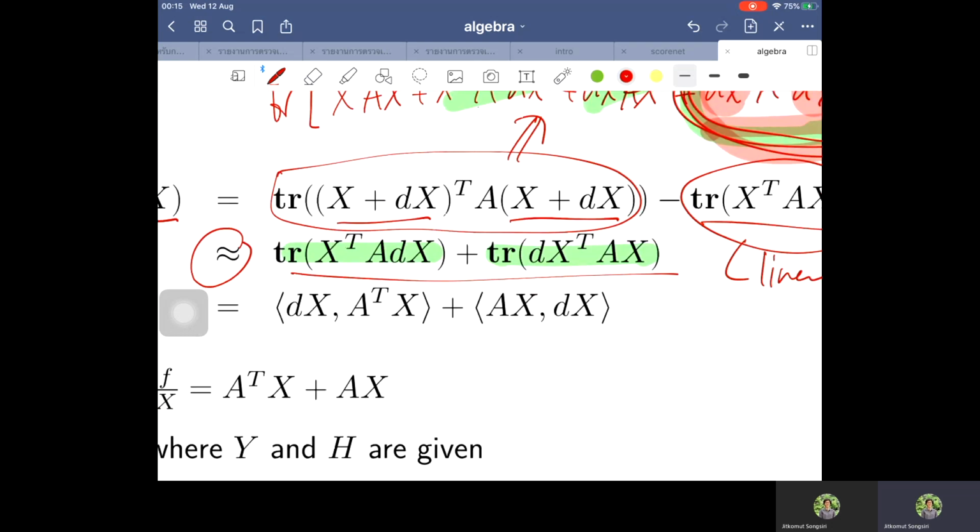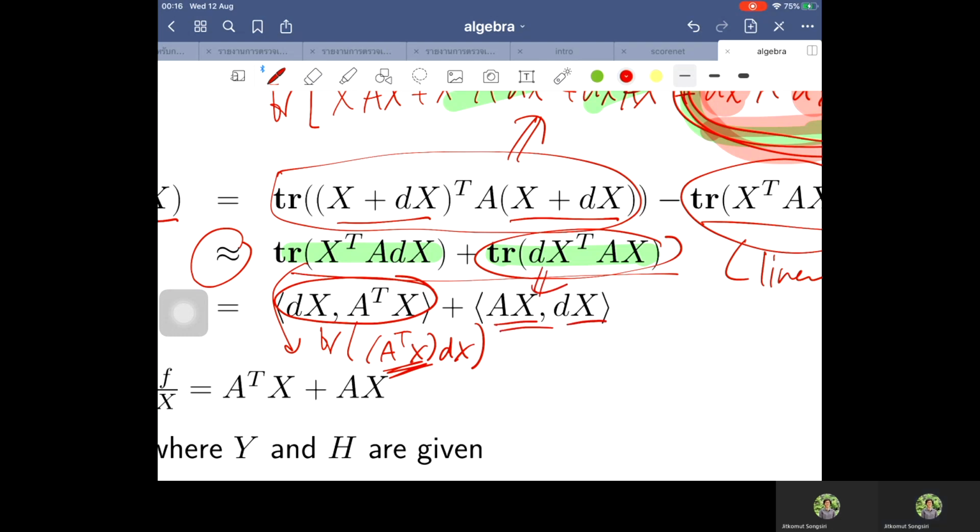Now, trace of A x transpose A dx. The first term here is actually trace of A transpose x dx, right? So it's the inner product between dx and A transpose x. Now the second term is trace dx transpose Ax, which of course is the inner product between Ax and dx.